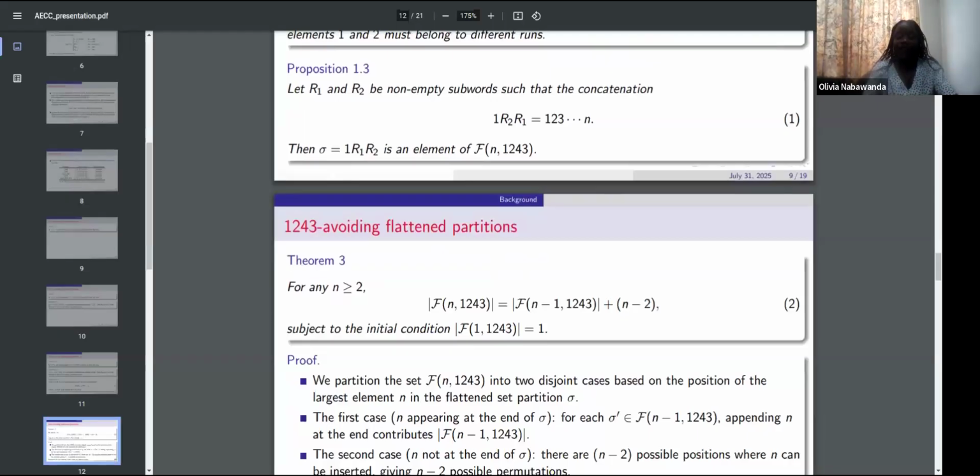And from that recursion, we're also able to get a generating function, and it was nice because it is closed and only depending on n. So if you don't want to use a recursion, then you can just use this closed form. So far, that's what we have under the 1, 2, 4, 3 avoiding flattened partitions.